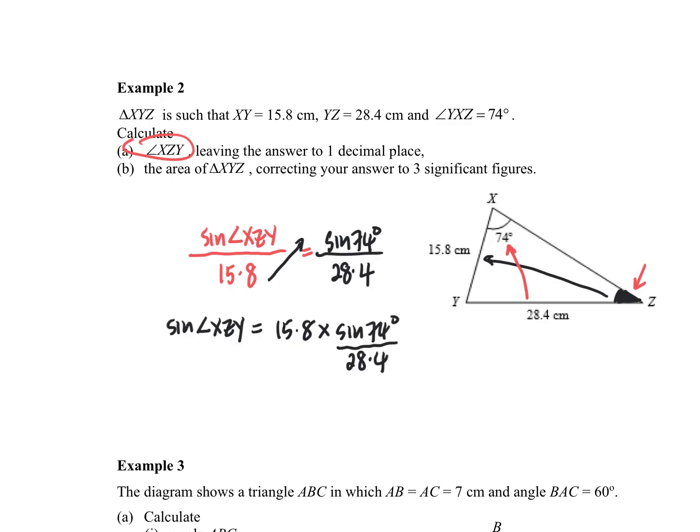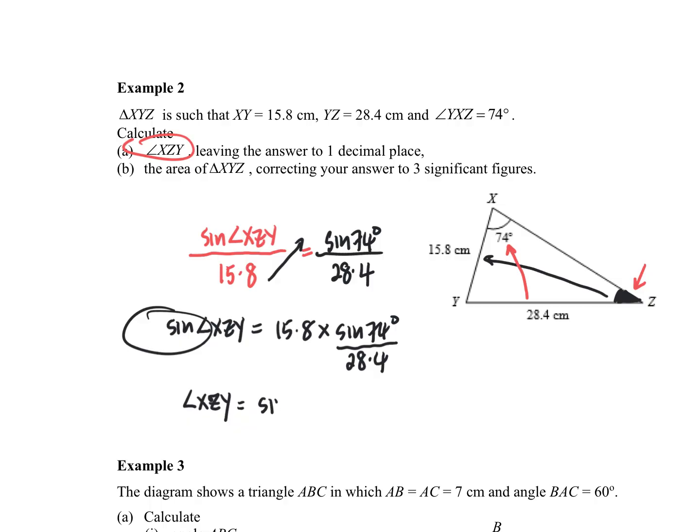The moment you have done this step, don't stop here. The question never asks you to find sine of the angle, right? The question only wants the angle. So what do you think you need to do? One more step. What do you need to do to find XZY? Inverse.